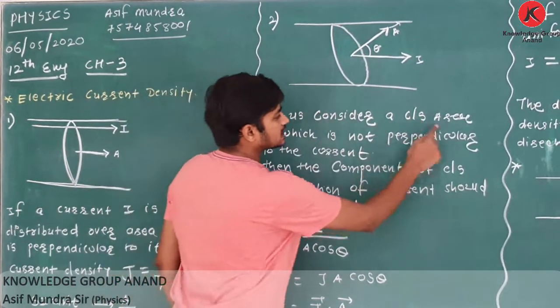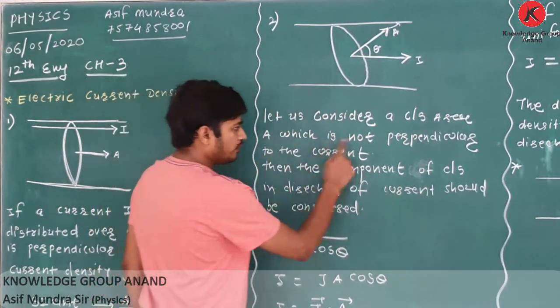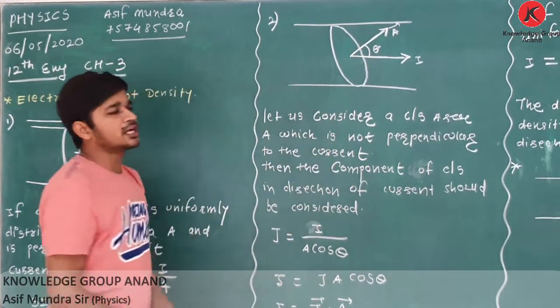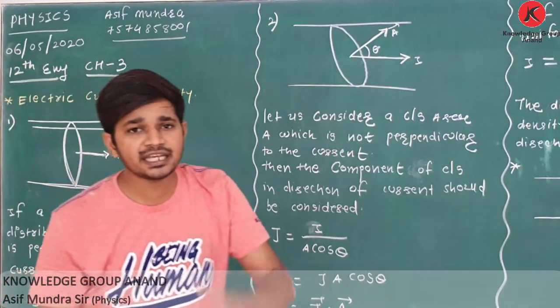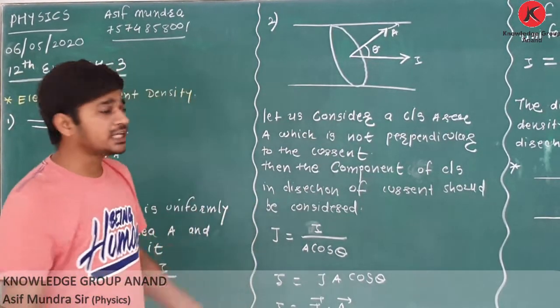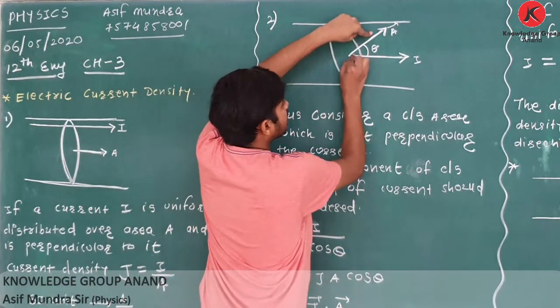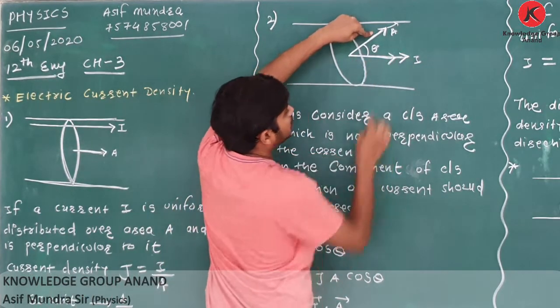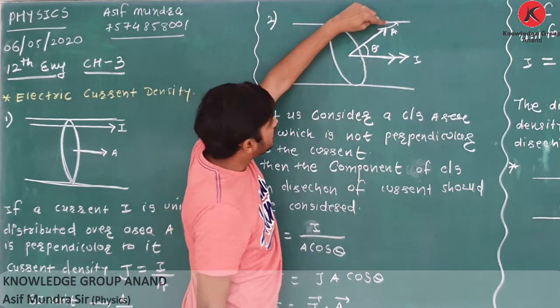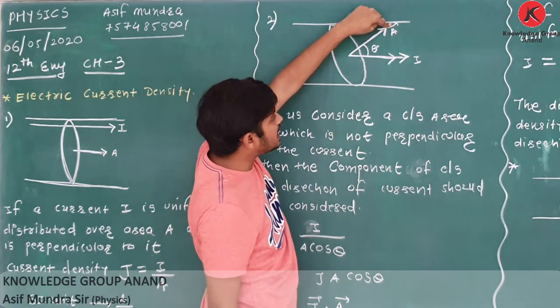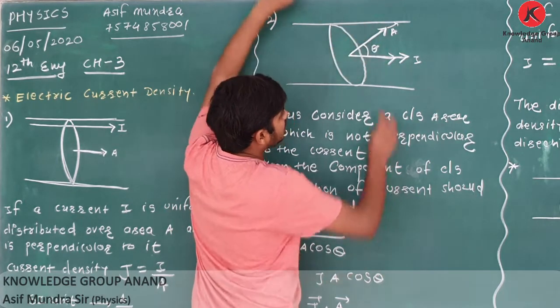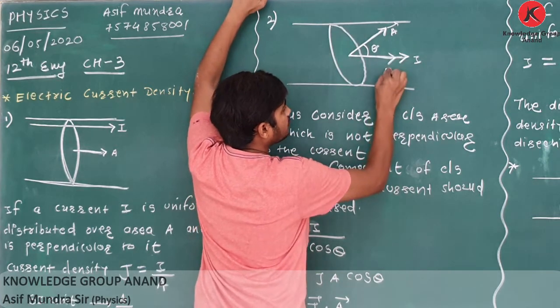So let us consider a cross-sectional area A which is not perpendicular to current. In this case, you have to take the component of the cross-sectional area in the direction of current. For example, if this cross-sectional area A makes angle theta with I, then what is the component of A in this direction?